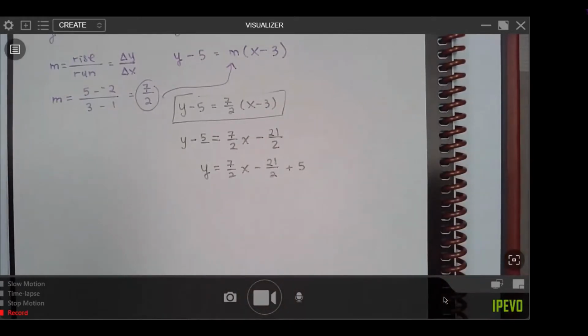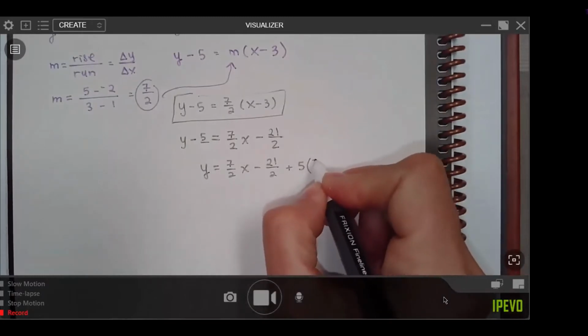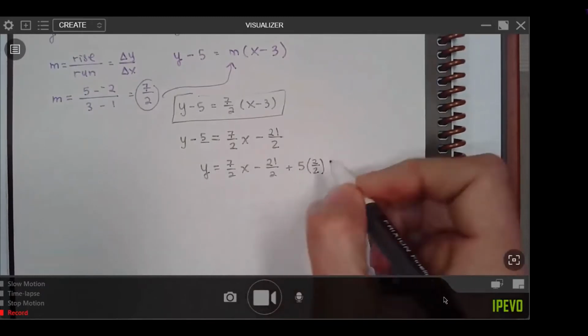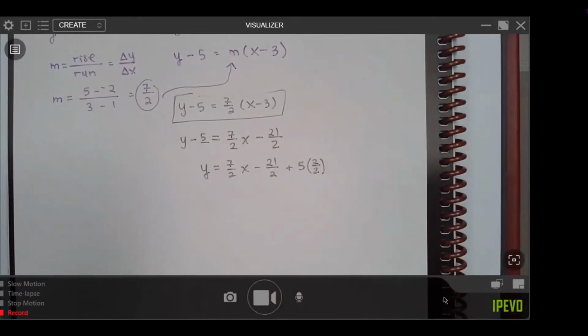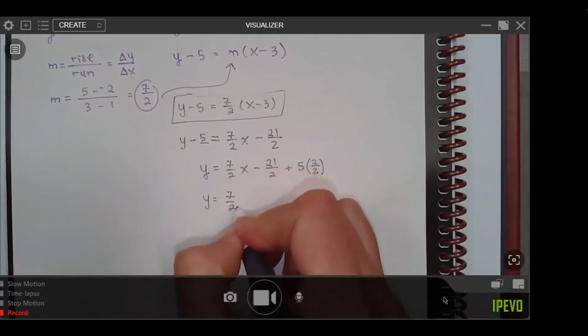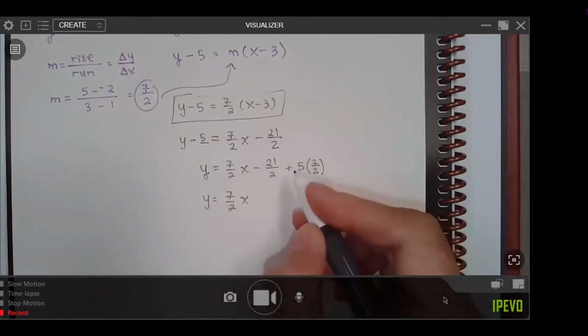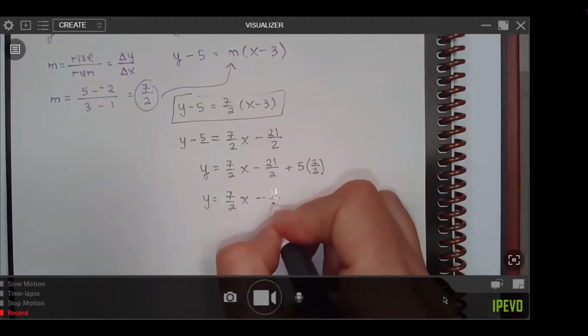Now I've got to deal with more fractions. I need a common denominator because I'm trying to add. So that 5 is going to need to get multiplied creatively by 1, meaning 2/2, so that I end up with y equals 7/2 x minus 21 plus 10, so minus 11/2.